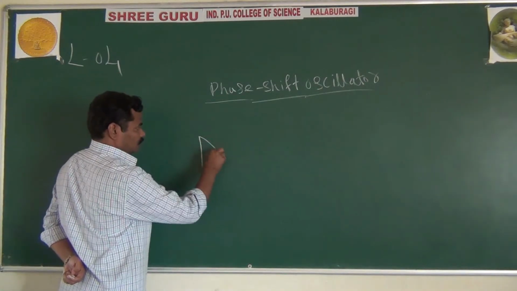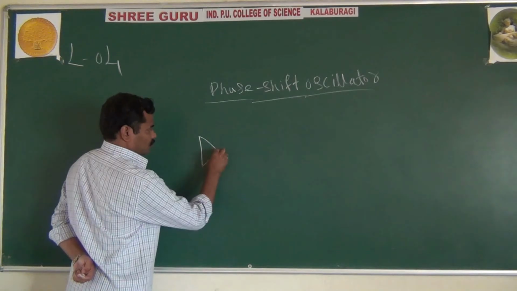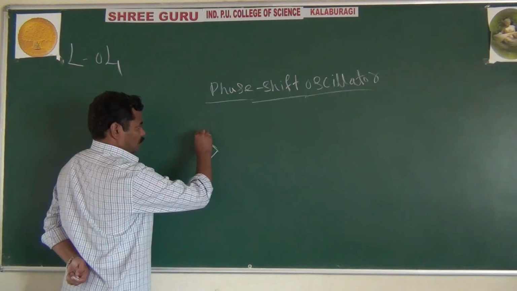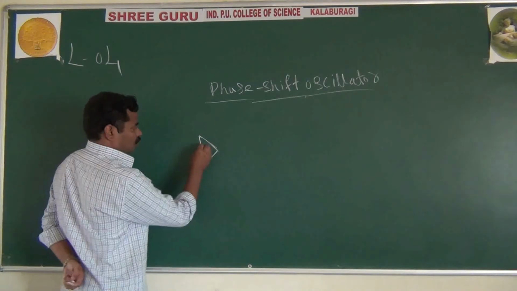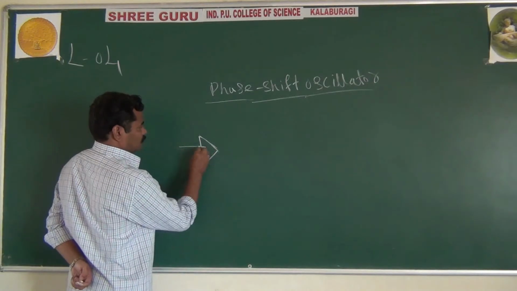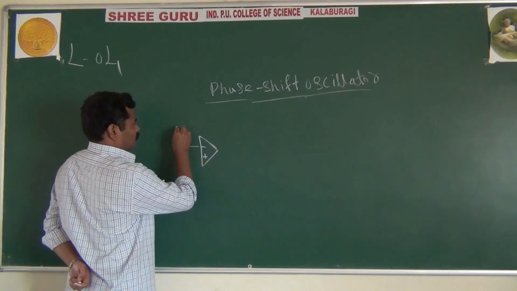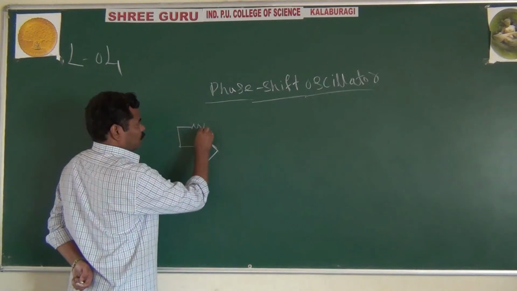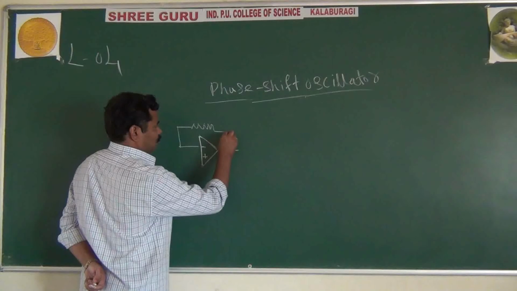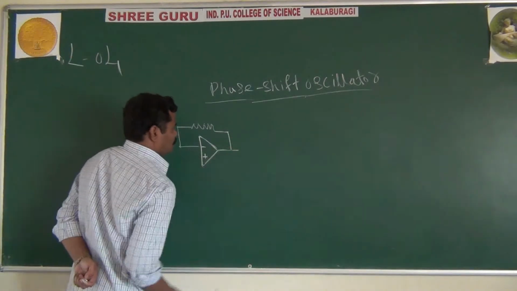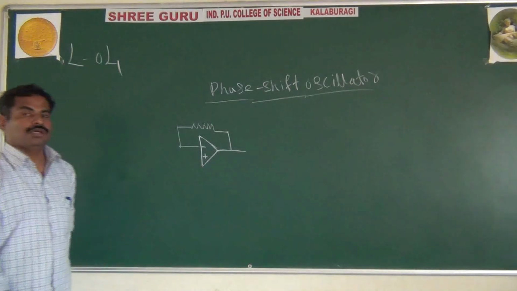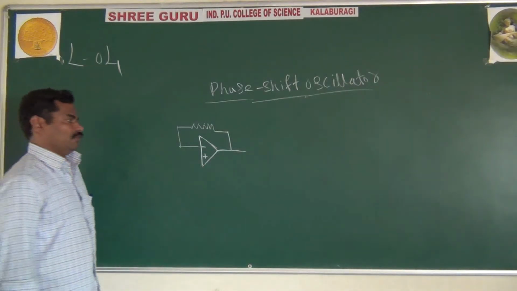As usual you are using an inverting amplifier, and an inverting amplifier will give a 180 degree phase shift, as we studied in detail about the inverting amplifier. In an inverting amplifier, the input and output are 180 degree out of phase.